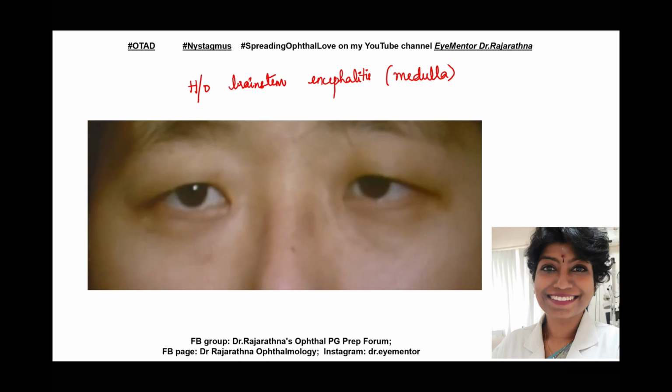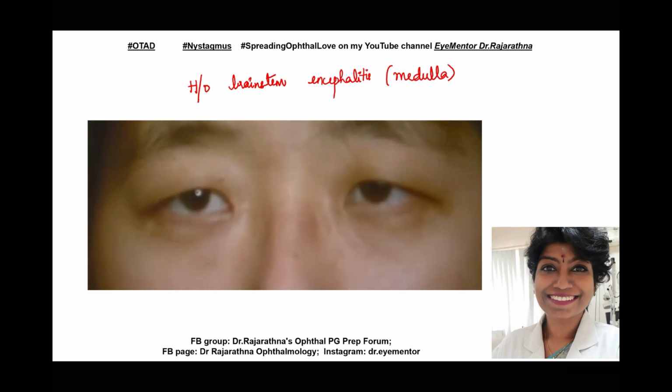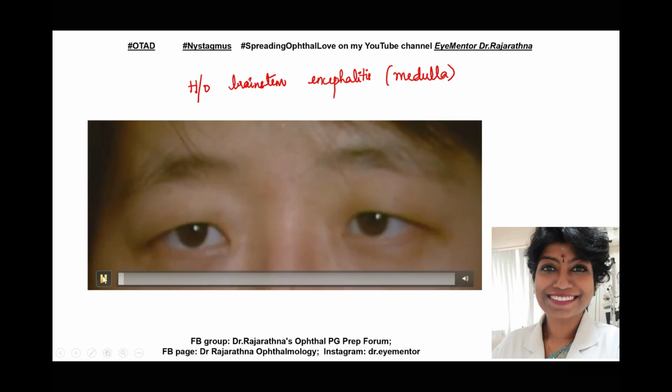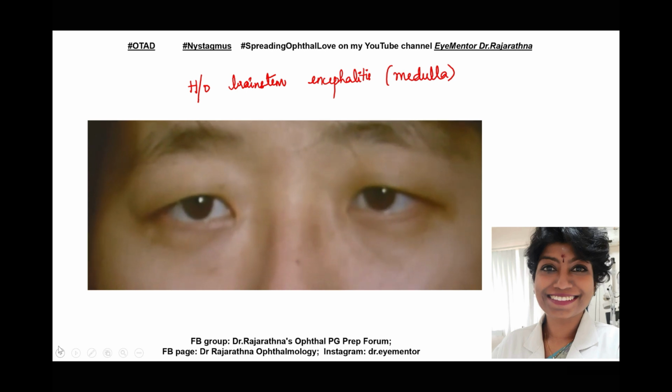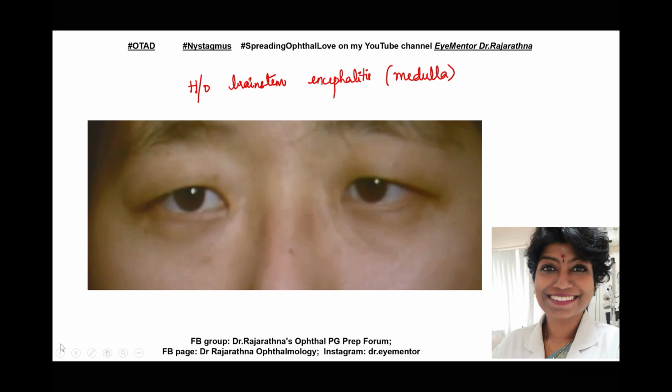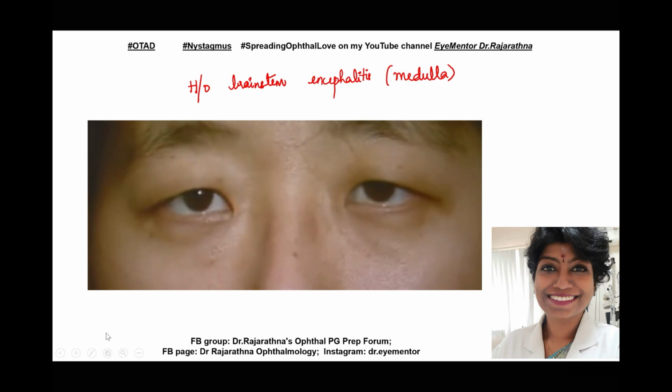Can you see the quick component moving up, moving the eye up? Watch again. Are you able to notice this? Let's watch it again. You can very well see that this is not a horizontal nystagmus. This is a vertical nystagmus with the quick component going up. So upbeat nystagmus.